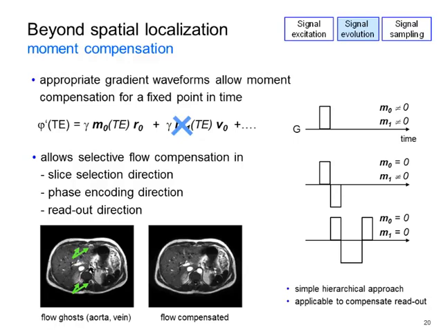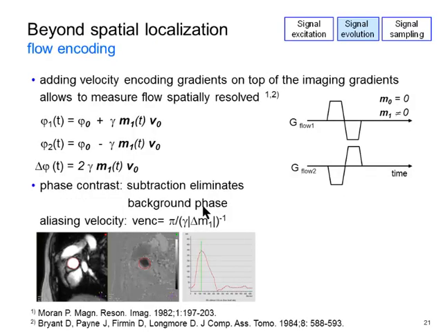This helps us significantly in clinical imaging to get rid of flow ghosts. But it's worth noting that we are only able to compensate for a certain point in time. Only for one point in time are we able to achieve this moment nulling. And it's obvious that we take the echo time, where most of the energy in the signal space is concentrated.